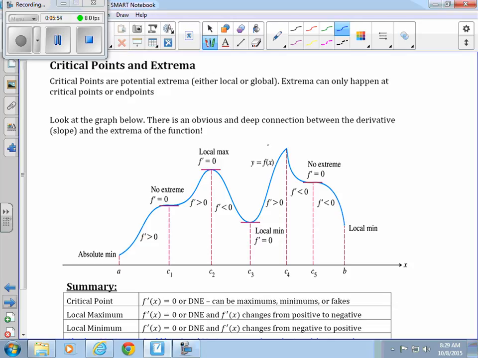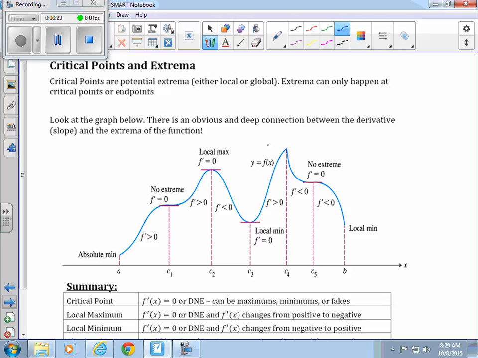So if you look at the graph below, very similar graph to the one I showed you earlier, you can see that every time the derivative is 0, we have a possible extrema. However, is this a maximum? Is it a minimum? Now, we thought it might be, but it kind of fakes us out. Those of you who are physics people, there are two things that can happen on a position graph.